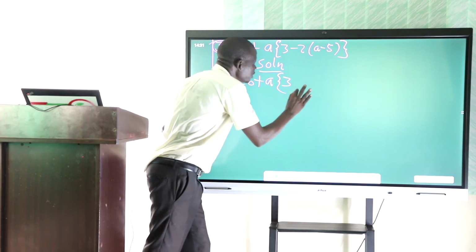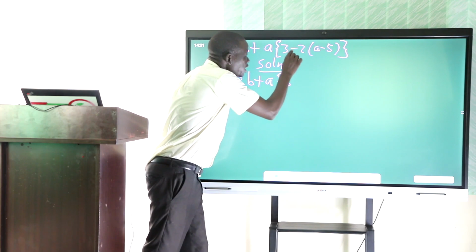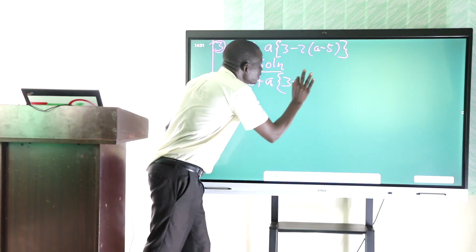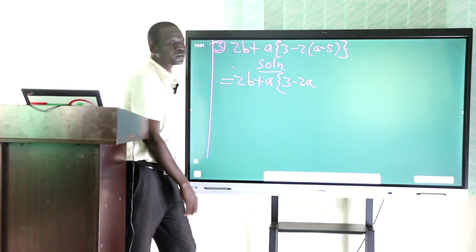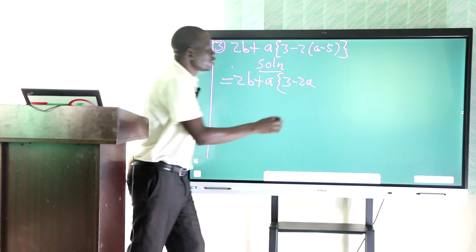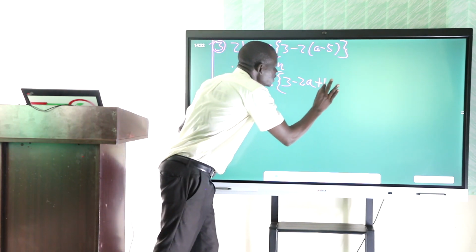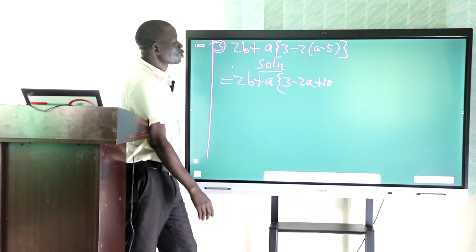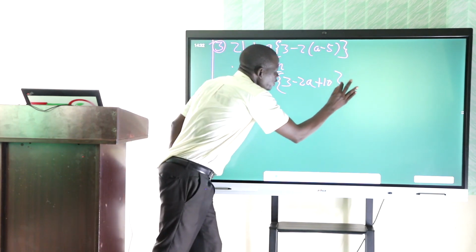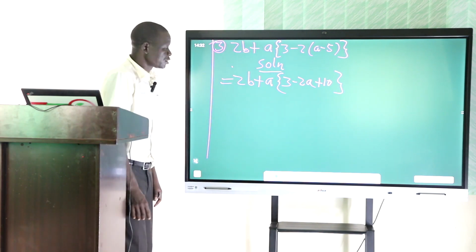We have 3, then negative 2 minus a, we get negative 2a. The negative 2 times negative 5, we get positive 10. So we have already removed the inside bracket. We are left with the big bracket outside.